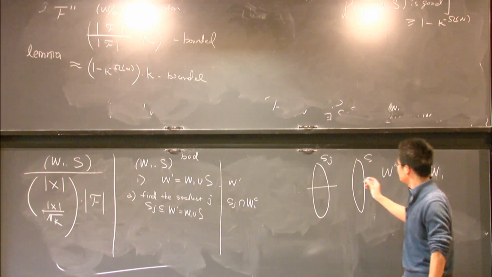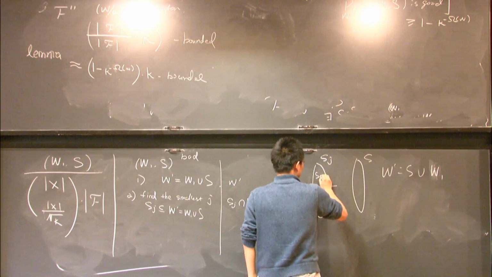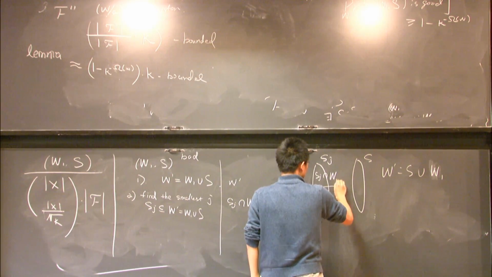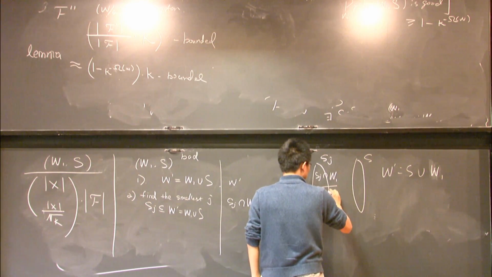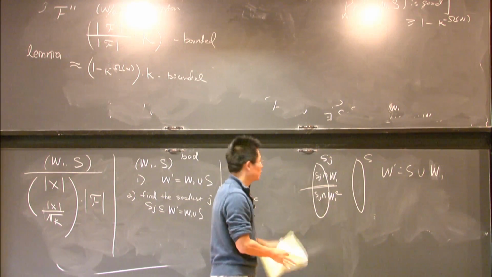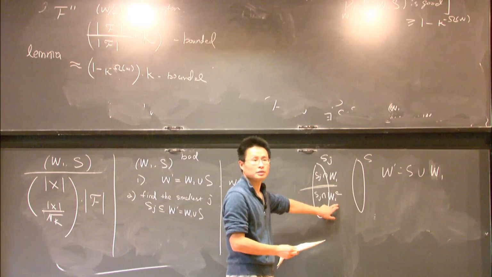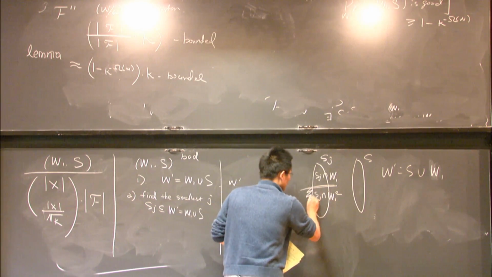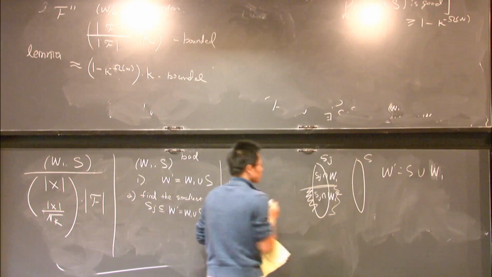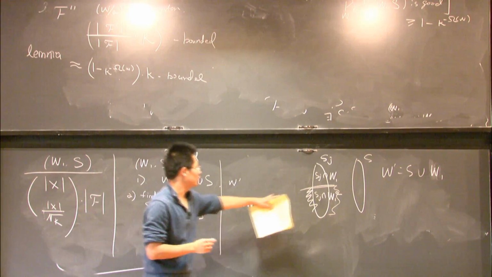Now, there are two parts: Sj intersect W1 and Sj intersect the complement of W1. Now we're going to encode this part, Sj intersect the complement of W1.